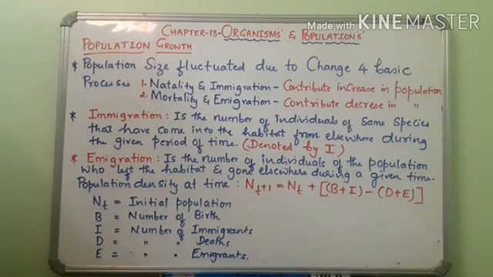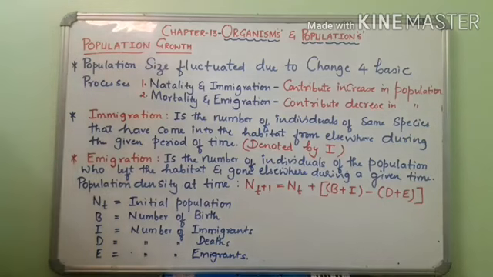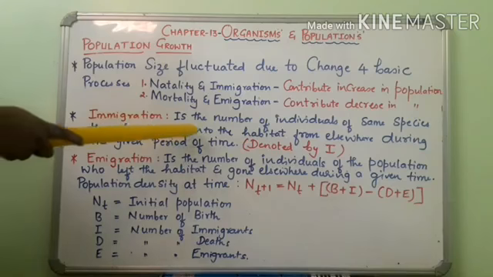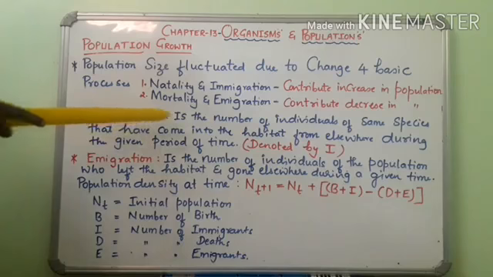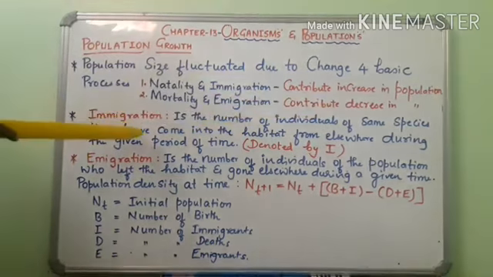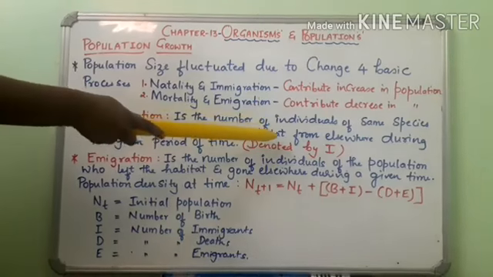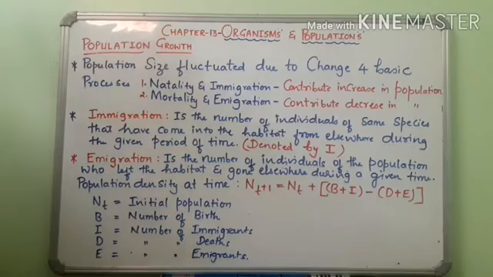So then what is immigration? Immigration is the number of individuals of the same species that have come into the habitat from elsewhere during the given period of time.